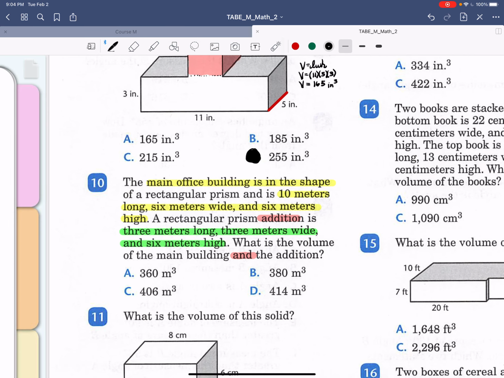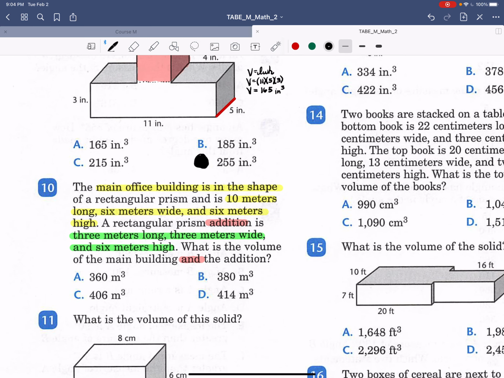So they're saying find the two dimensions and then add them together. So the main office is a rectangular prism. That gives me the formula. That is 10 by 6 by 6. And I believe that's 360, but let me be sure. Yes.